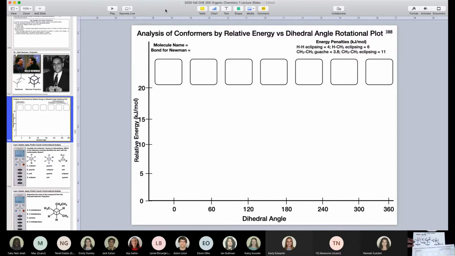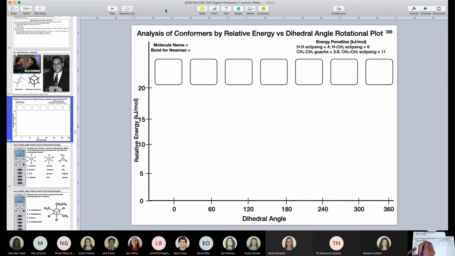So here's our sheet: Analysis of conformers by relative energy versus dihedral angle rotational plot. Again, you can print these out. It's on Canvas. You can do it for pretty much any molecule. What's the molecule name? Ethane.